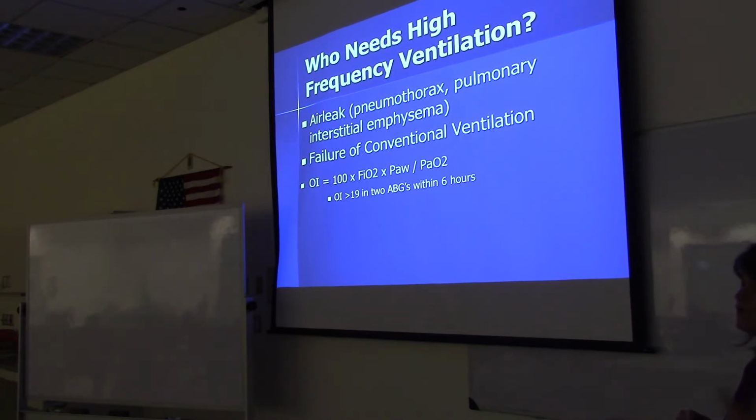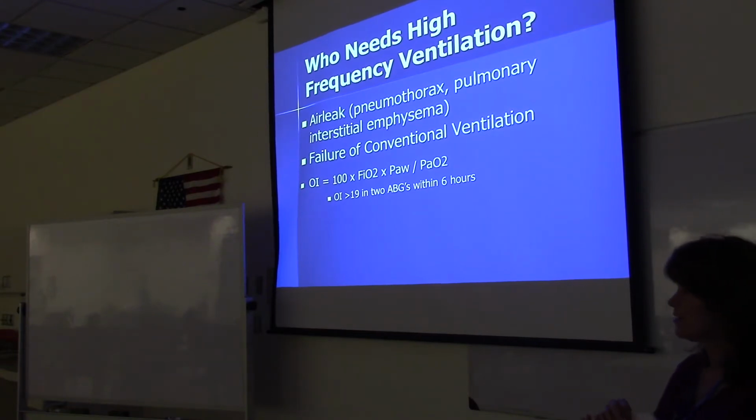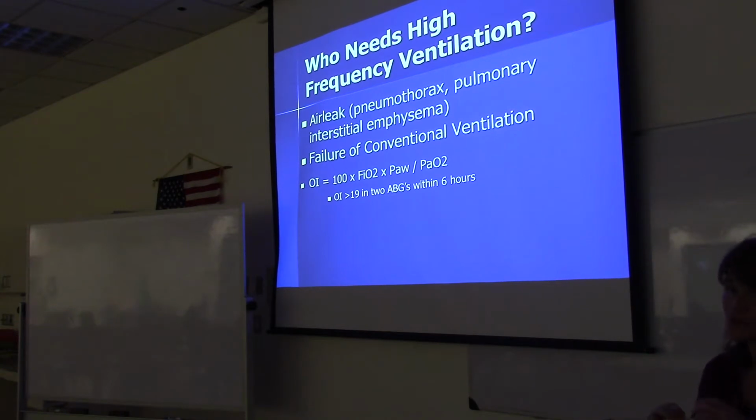So how can you ventilate with positive pressure and expect that area of the lung to heal? It's very hard for that area of the lung to heal with positive pressure. Positive pressure just keeps blowing it open, and it never repairs itself. But if you place the patient on high frequency ventilation, you've got very low pressure in the alveoli, and that tissue is able to heal.